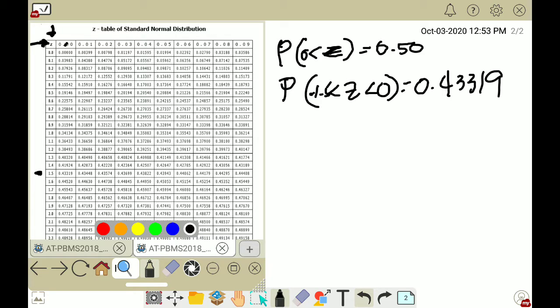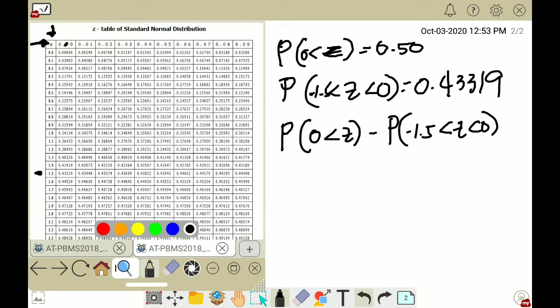Again we said we are going to minus, so bigger value minus lesser value. So this is equal to 0.50 minus 0.43319.